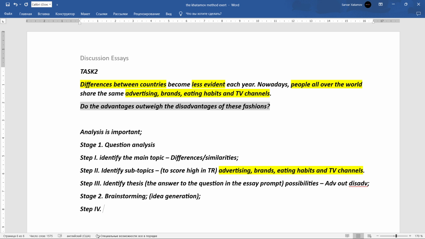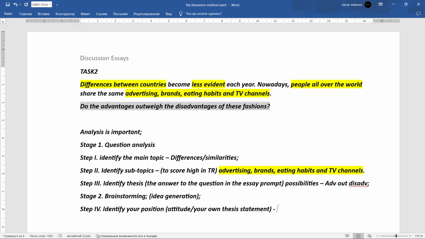So once you're done, this is an advantages outweigh disadvantages type question, and here you identify your position. Now let me explain your position, or let's just say attitude, or your own thesis statement, right? What does it mean? It means, for example, if me, Adham Beg, or any of our other mentors and coaches here are going to address this question, clearly we are all going to have different attitudes, right?